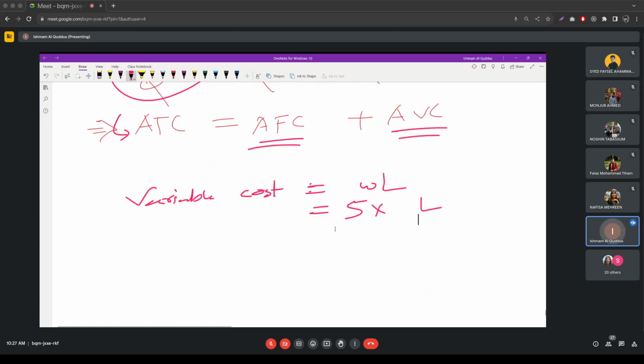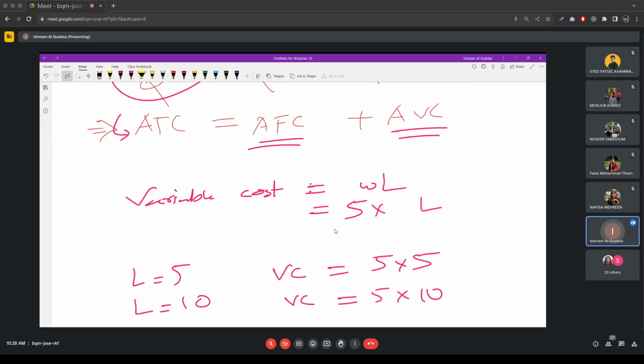L is the number of hours. So if L equals 5, your VC would be 5 times 5, which is 25. If L equals 10, your VC would be 5 times 10, which is 50. So it changes, right? So it's variable.